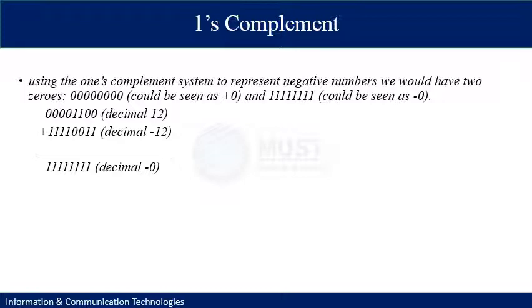Using the ones complement system to represent negative numbers, we would have two zeros called plus 0 and negative 0. So let's say we use again the same method to perform 12 minus 12, and the result should be equal to 0.